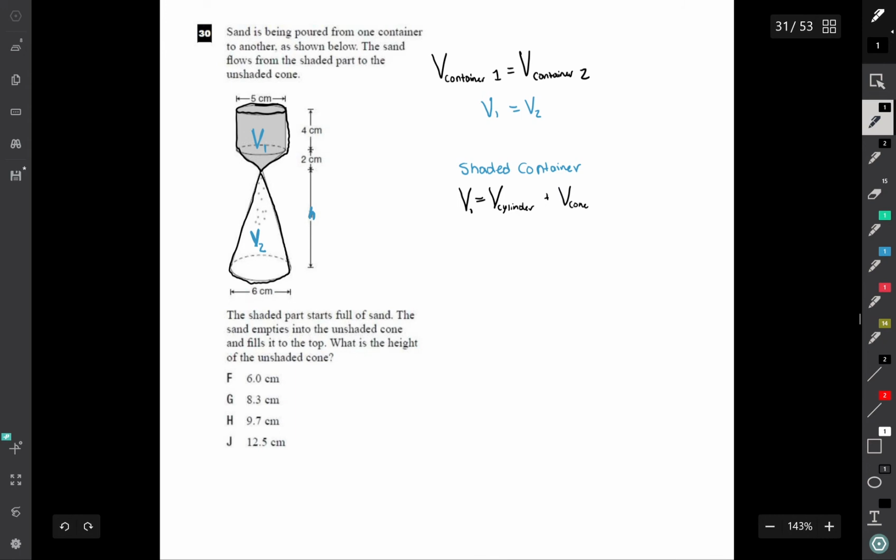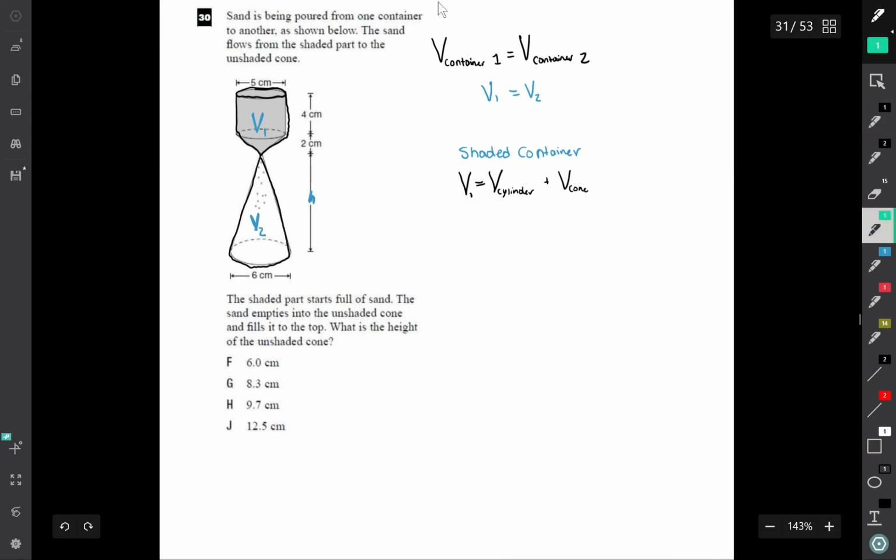Because if you look at this container 1, it actually has 2 different shapes: the cylinder, and then the cone here. So we're going to use our formula sheet and look up the equations. The cylinder is pi r squared h, and the cone is pi r squared h divided by 3. This is from your formula sheet.